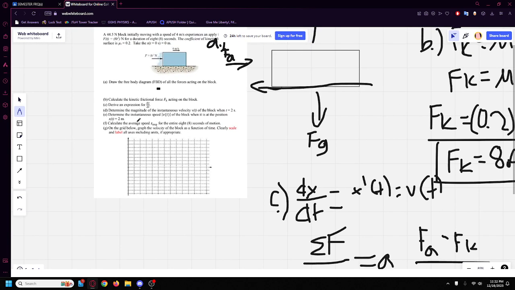Question D asks to find the instantaneous velocity of the block when t equals 2.